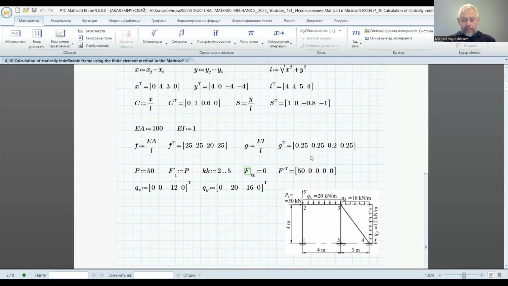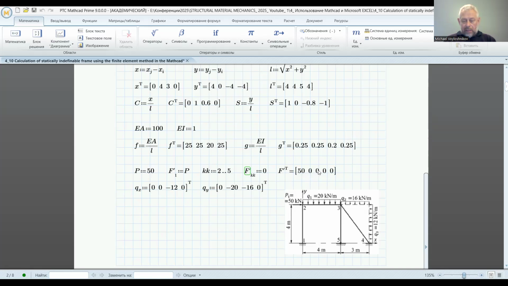And the third component of the force vector F stroke, transposed vector, is 0, because the bending moment applied to the node 2 externally is 0.